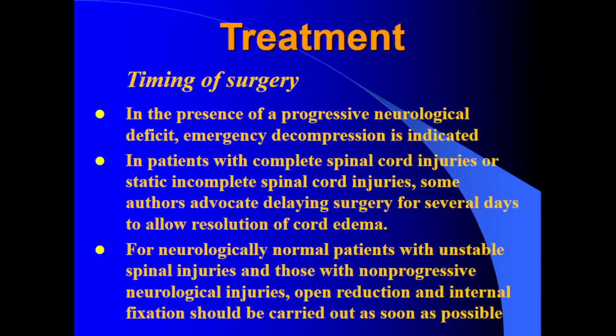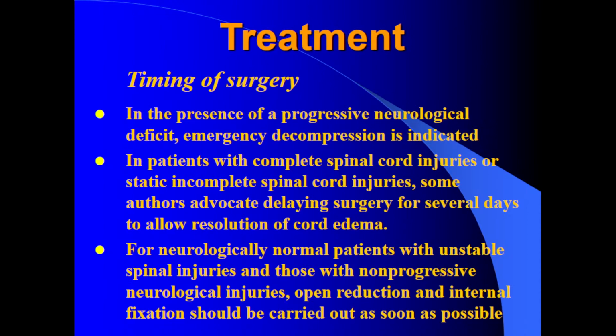Then, timing of surgery. Let's say that it is not always necessary to perform surgical treatment. For simple wedge compression fractures, wedge compression fractures can be split into a few types as well. We have grade 1 wedge compression fracture, grade 2 and grade 3.